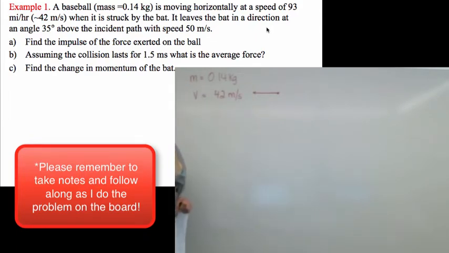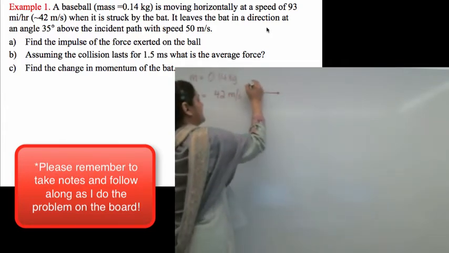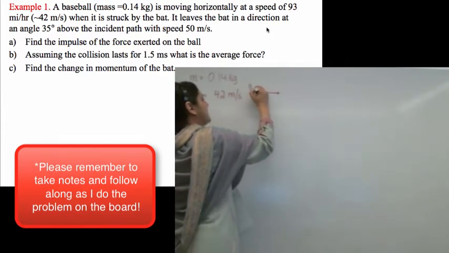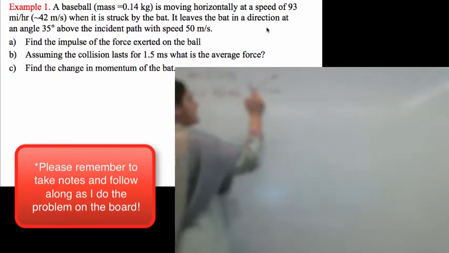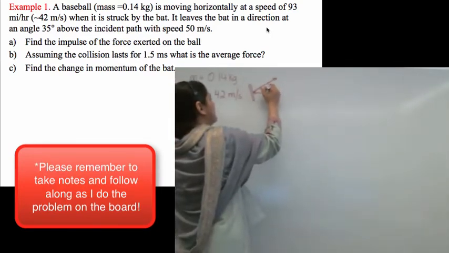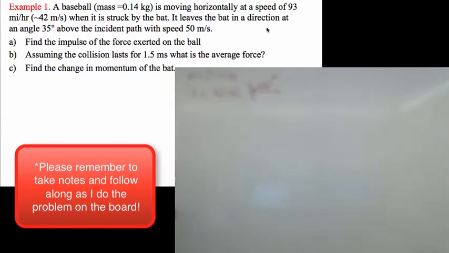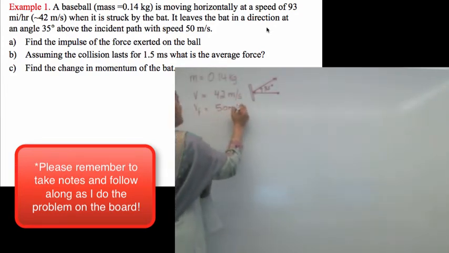Then it is struck by the bat, and it leaves the bat at an angle of 35 degrees, with a speed, so v final will be equal to 50 meters per second.